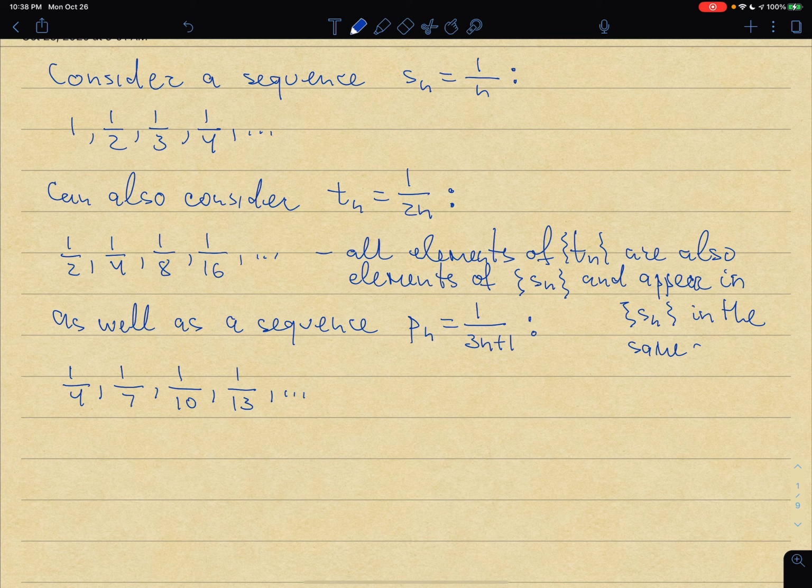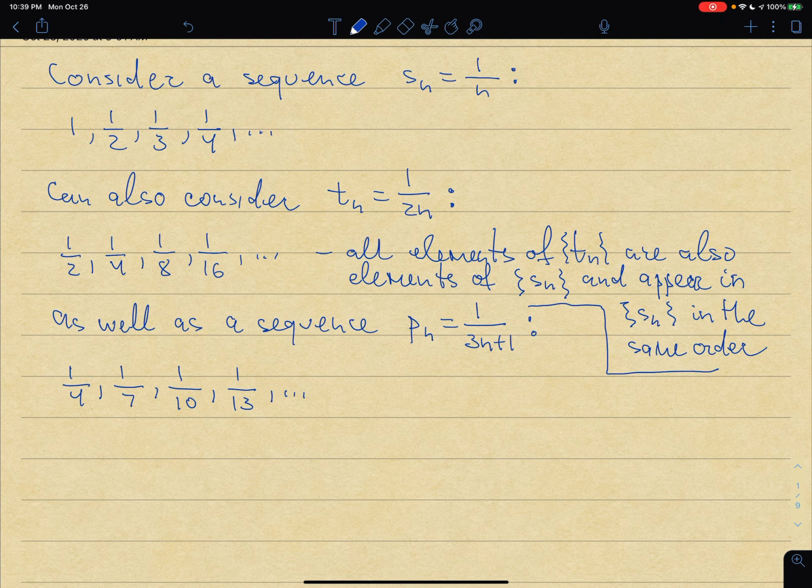And if we look at Pn, we see that a very similar thing is going to happen here. Pn is 1 over any integer of the form 3n plus 1, so starting from 4, I'm including any integer like that, right? So 1/4 and 1/7, 1/10.